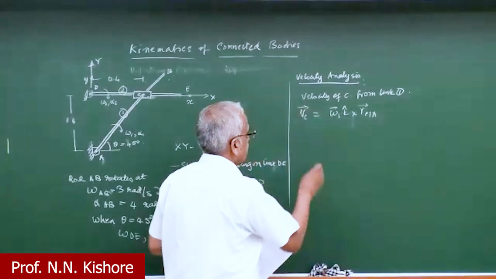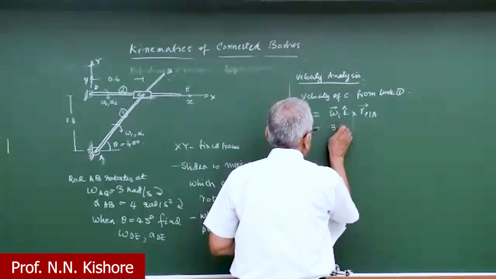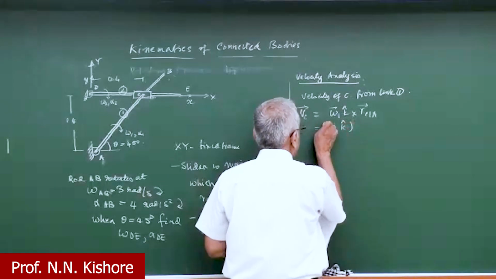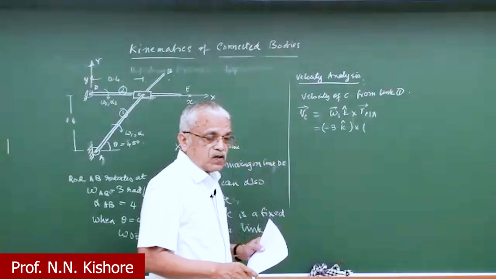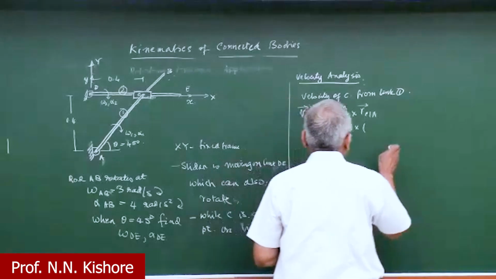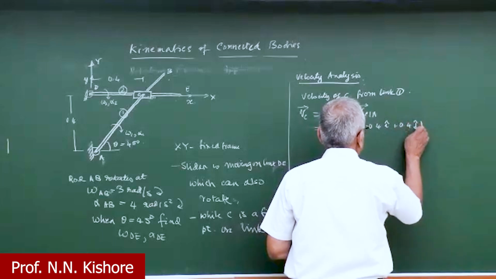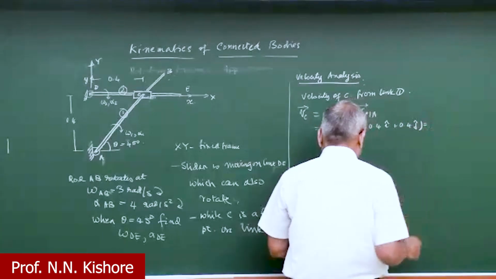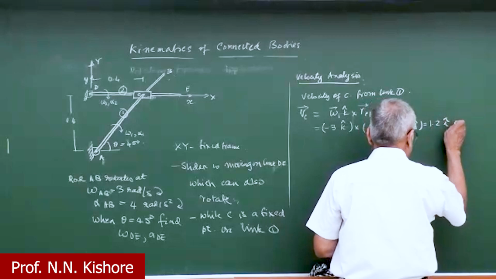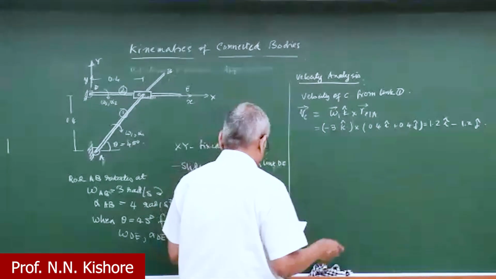So this is easy to find, and omega 1 is given to be 3K, and we'll put minus because that's given as clockwise. And then C with respect to A is 0.4 I, 0.4 J. This is 1.2 I. Okay.